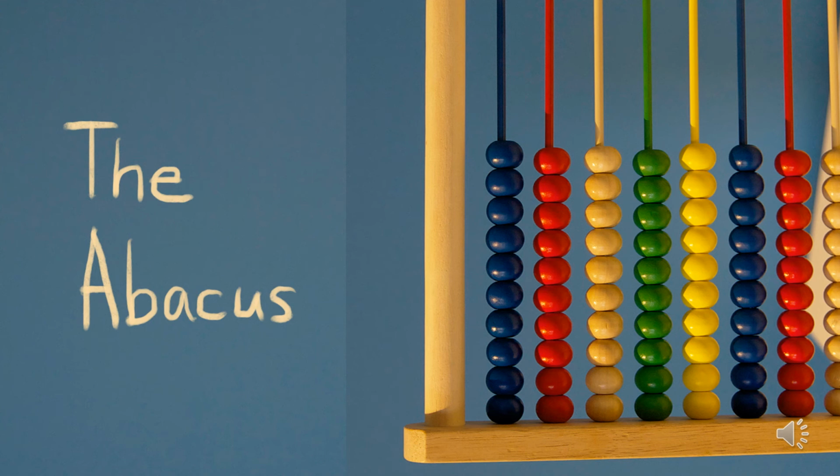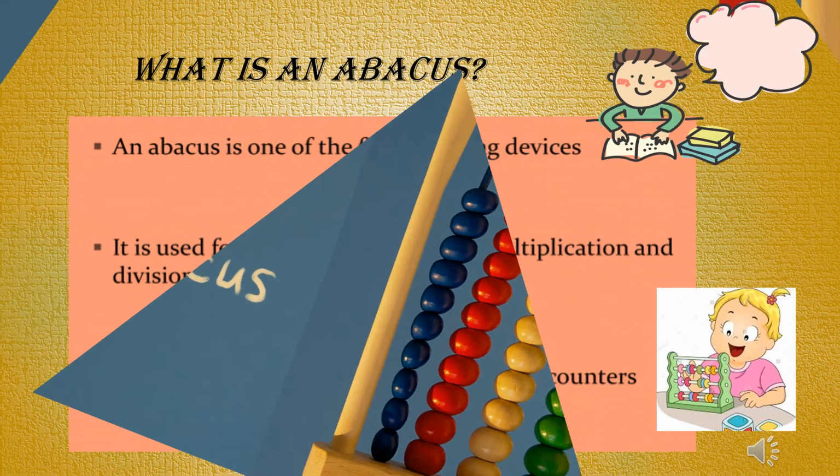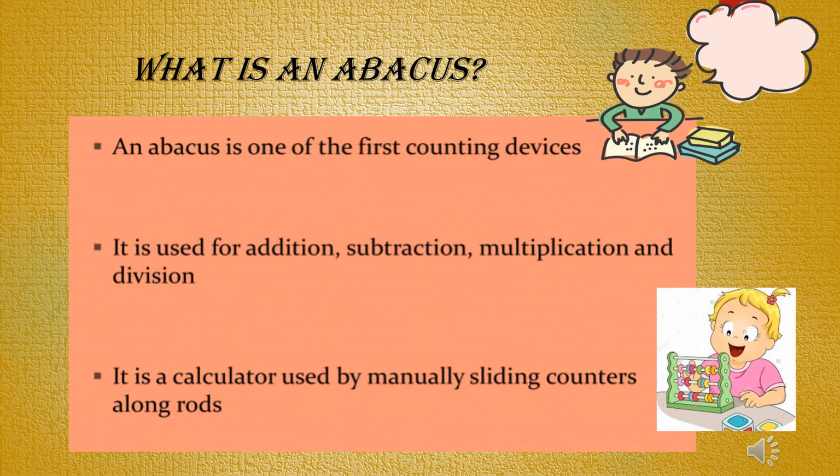Good morning, children. Today we are going to study the abacus. So let's see what an abacus is. An abacus is one of the first counting devices. It is also used for addition, subtraction, multiplication and division.